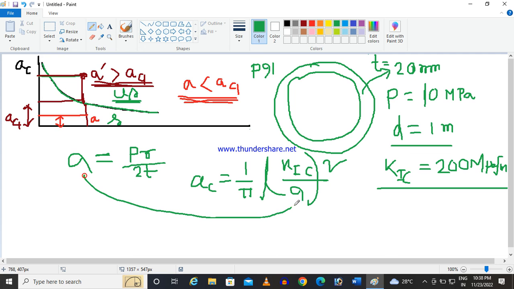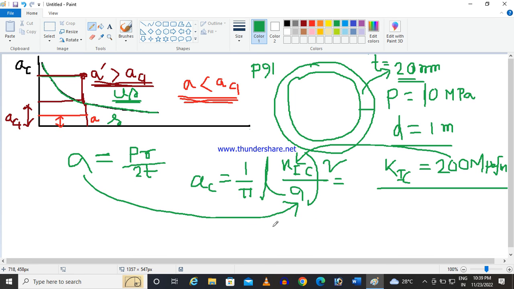So your sigma is this, and your K1C is this. So you will get some numerical value. Now if a full crack is there, the maximum thickness is 20 mm.